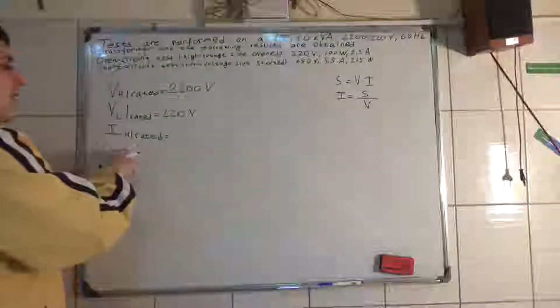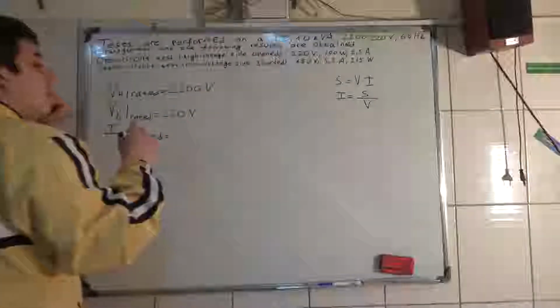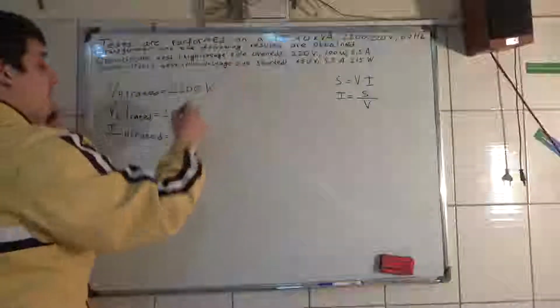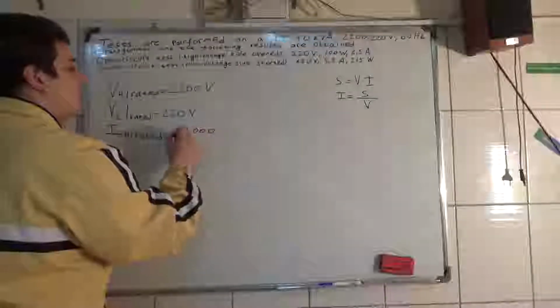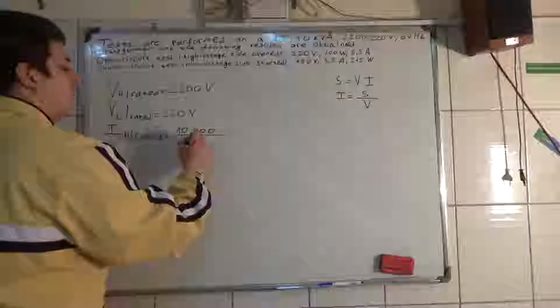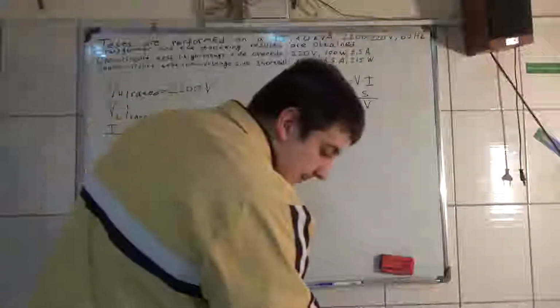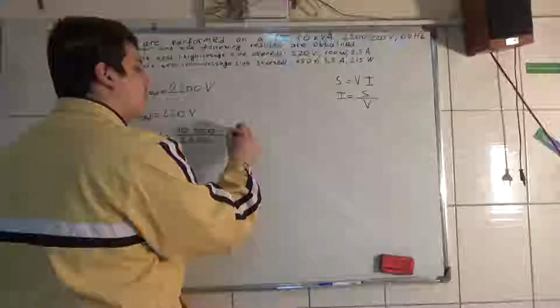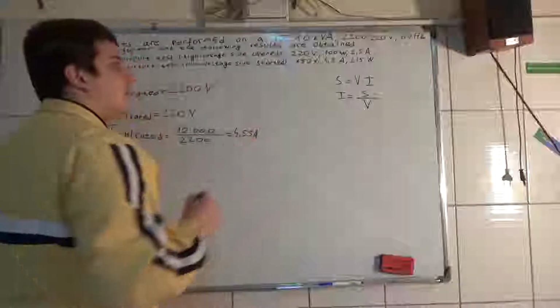Then the high rated current is equal to 10 kilovolt ampere, so that is 10,000 divided by 2200 volts, and that is 4.55 amperes.